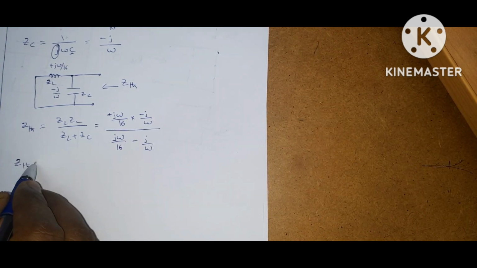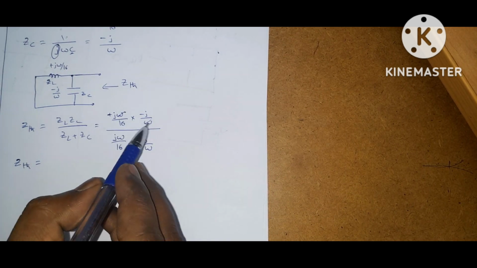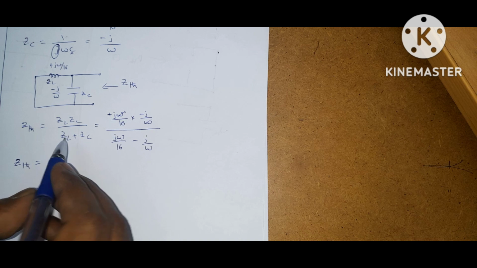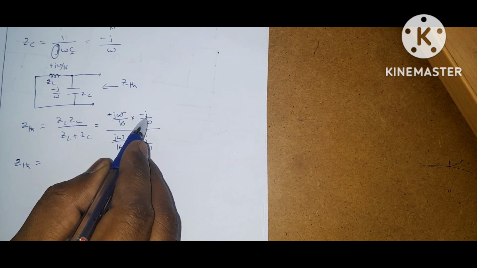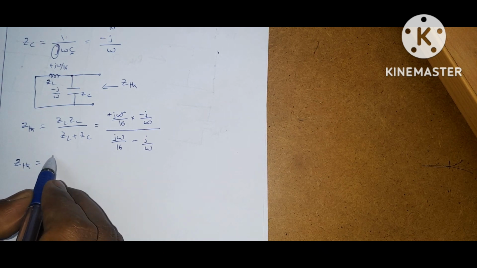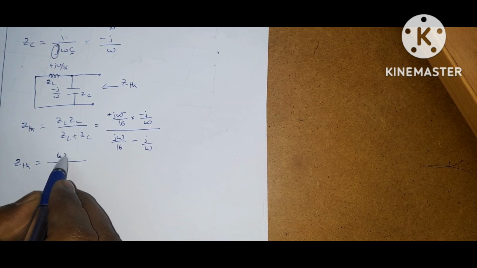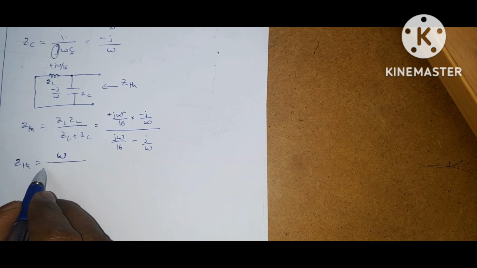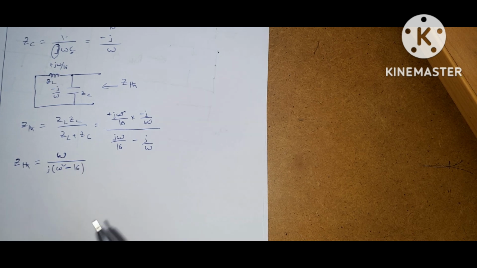So you will get Z Thevenin is equal to, so here omega gets cancelled. So J into J, J square, minus J square means plus 1. If you solve this, you will get omega by J into omega square minus 16.